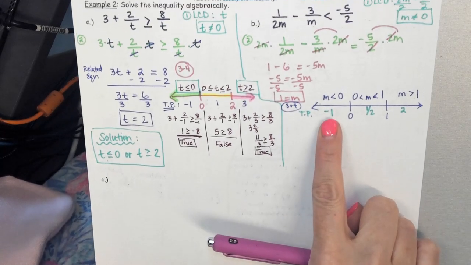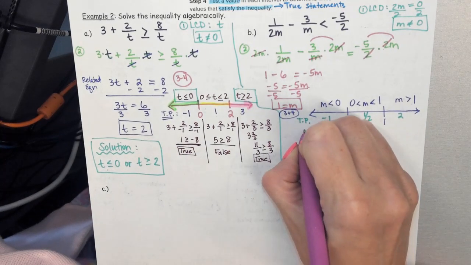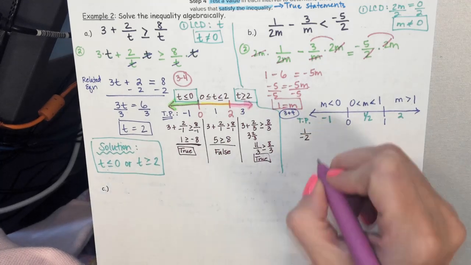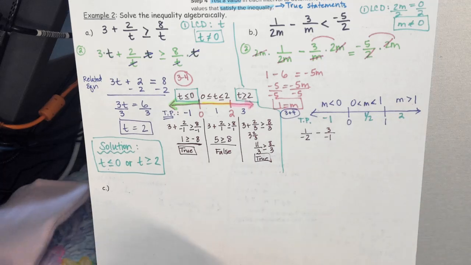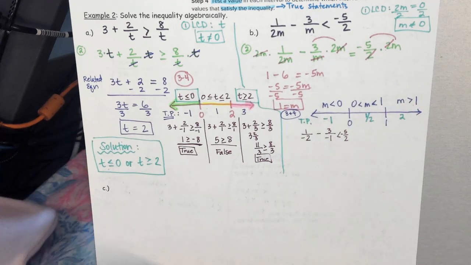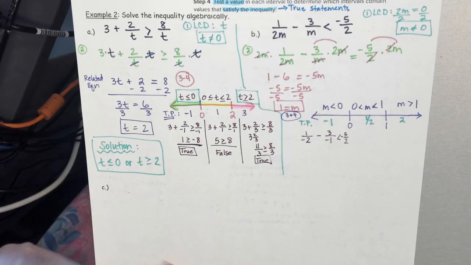Okay, so the negative 1, I'm just going to plug in here. So this is 1 over 2 times negative 1, so it's 1 over negative 2, minus 3 over negative 1 is less than negative 5 over 2. When you have minus a negative, remember that turns into plus.